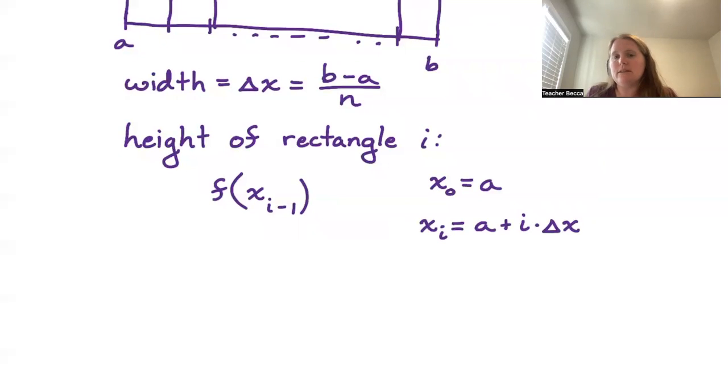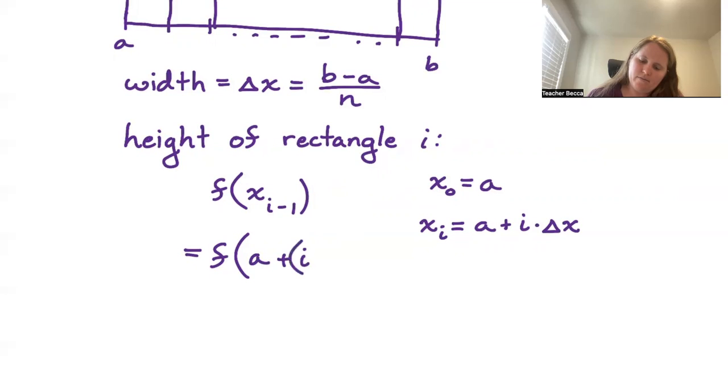So for each new rectangle, we just add on a copy of delta x to a. And so the height of rectangle i will be f of a plus i minus 1 times delta x.